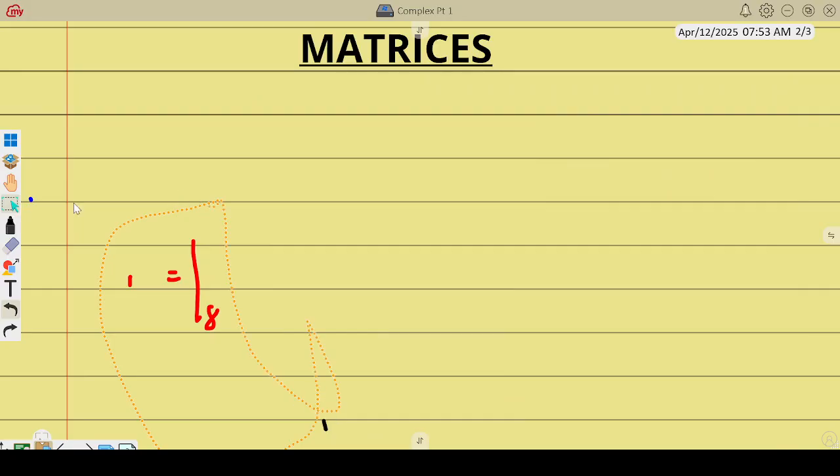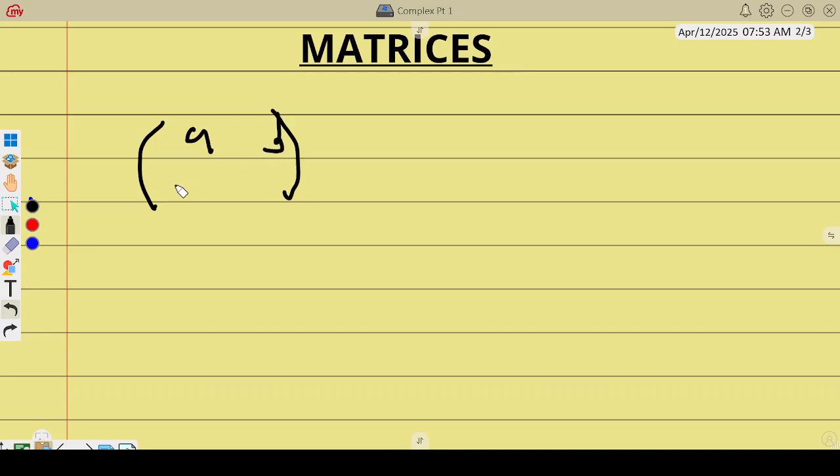So now we're going to find the determinant of a 3 by 3 matrix. You know how to find the determinant of a 2 by 2 matrix: major diagonal, minor diagonal. But what if you have a 3 by 3 matrix? This is where the minor and the cofactor come in.